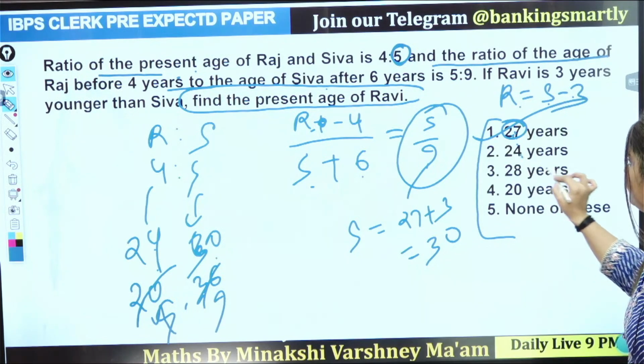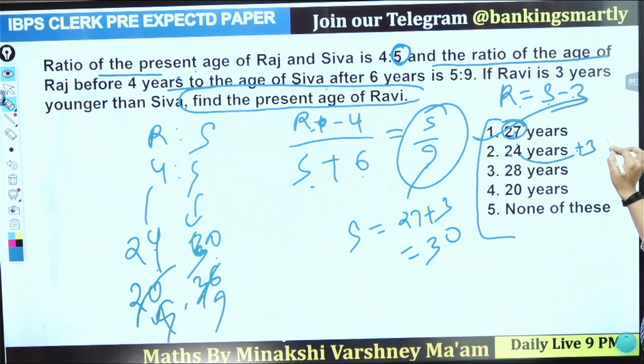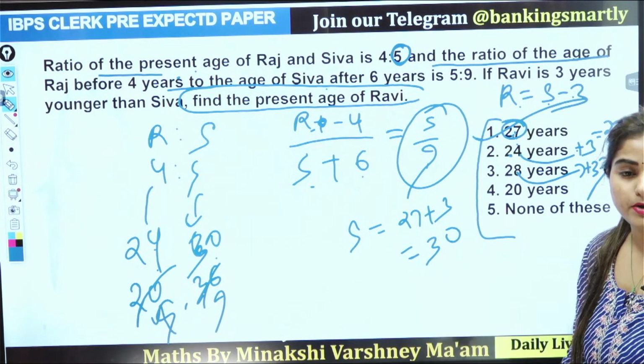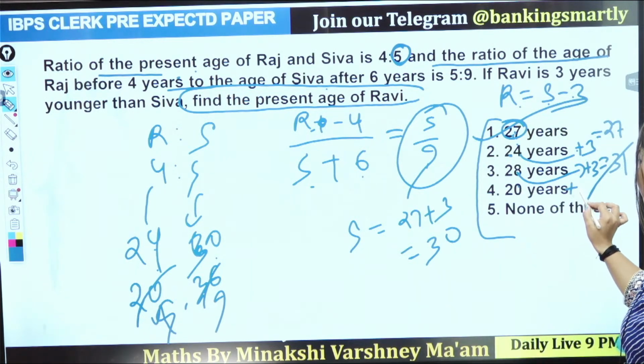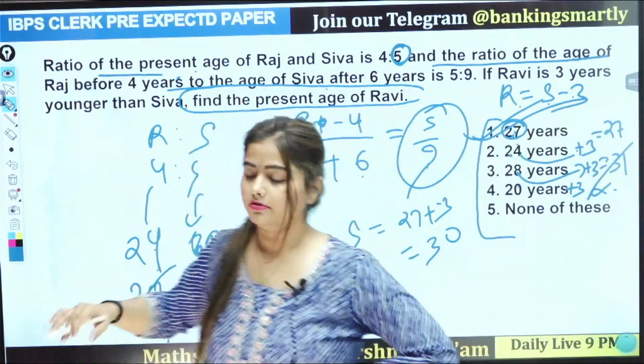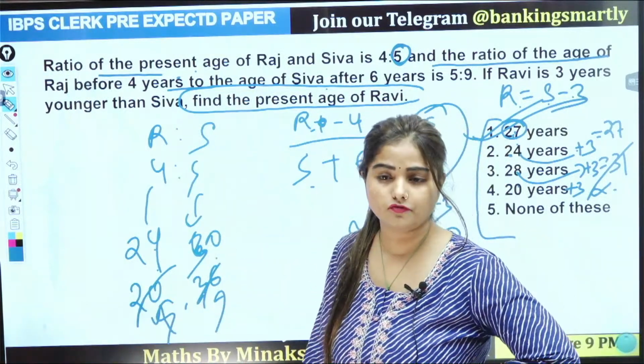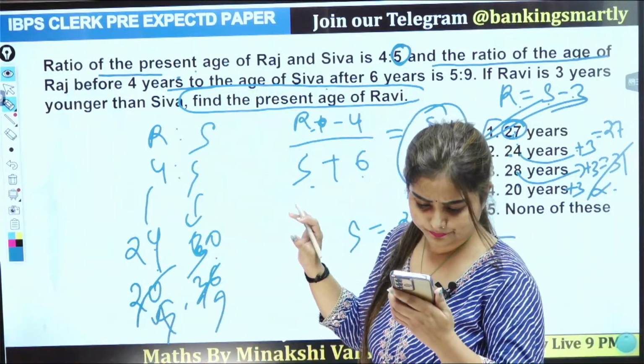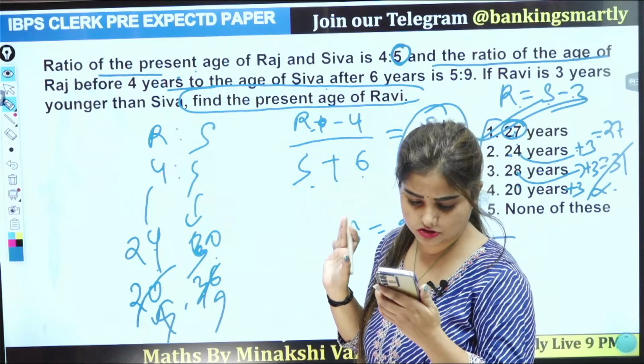If we add 3 to 24, that gives 27, which is not a multiple of 5. If we add 3 to 8, 11, 31, these are not multiples of 5 either. That means this one is correct. But there is none of this, that's why I am doing this verification in front of you guys. Same approach, very good, most wanted.